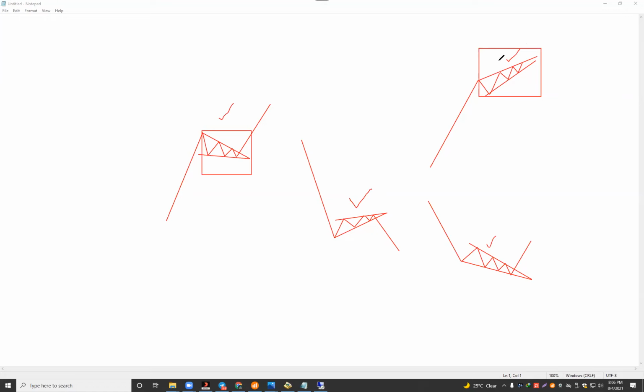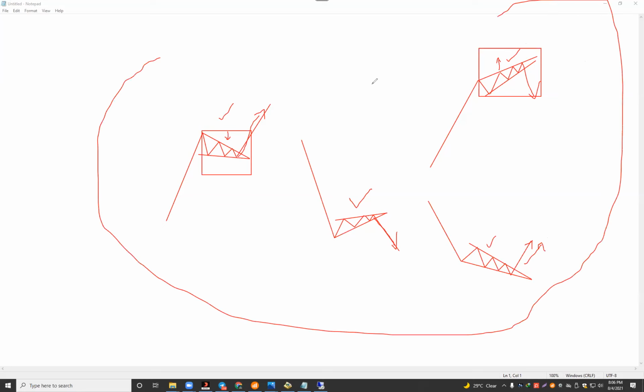This direction is at the top side, right? Yes. And this direction at the bottom side. In the bottom side direction, it will move up, right? And in the top side direction, it will move down. In the top side direction, it will continue, and in the bottom direction, it will move up and continue. So this will be your continuation pattern.